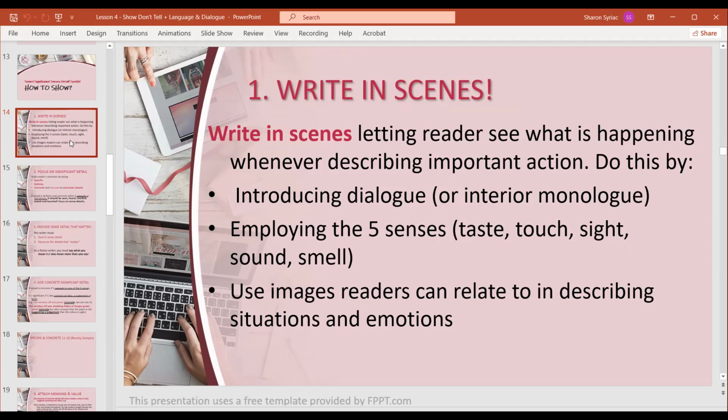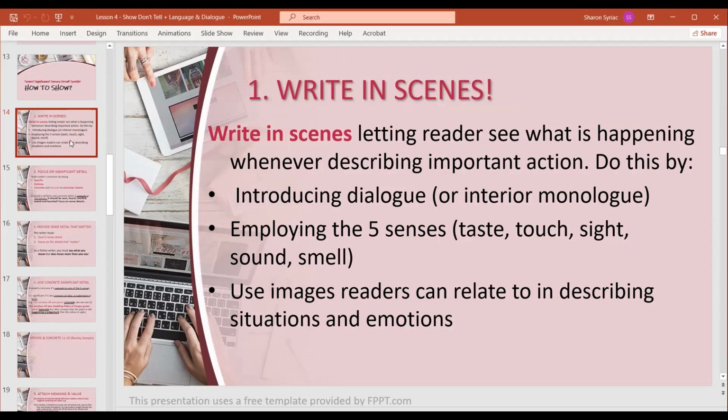Focus also on what can be heard, what you can smell, what you can touch, what you can taste, what you can, I can't remember, I left out one, getting old. When you're writing in scenes, use images that the readers can relate to in describing situations and emotions.